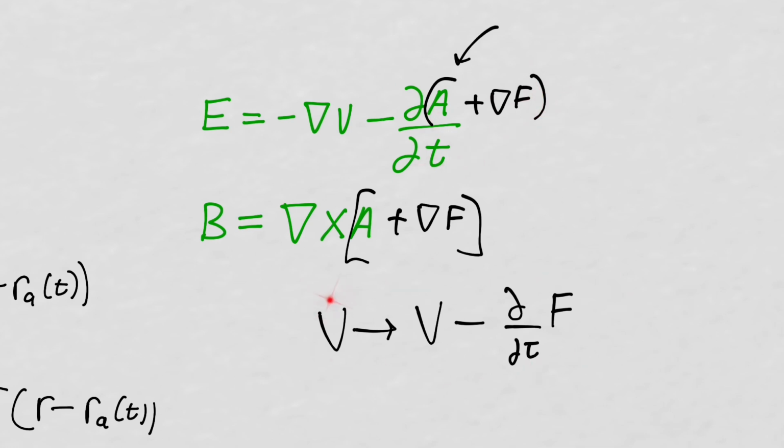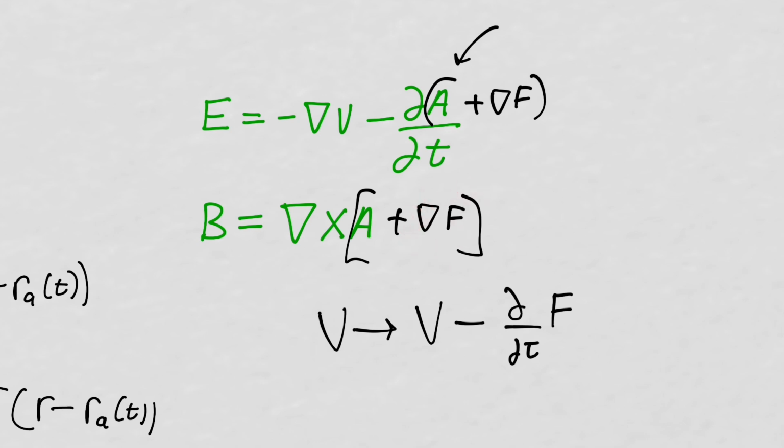So V is ambiguous as well, but it's ambiguous based on the same f. So once you pick f to change A, the same f will change V. So A and V are not independently ambiguous, but they're both ambiguous based on choosing f.